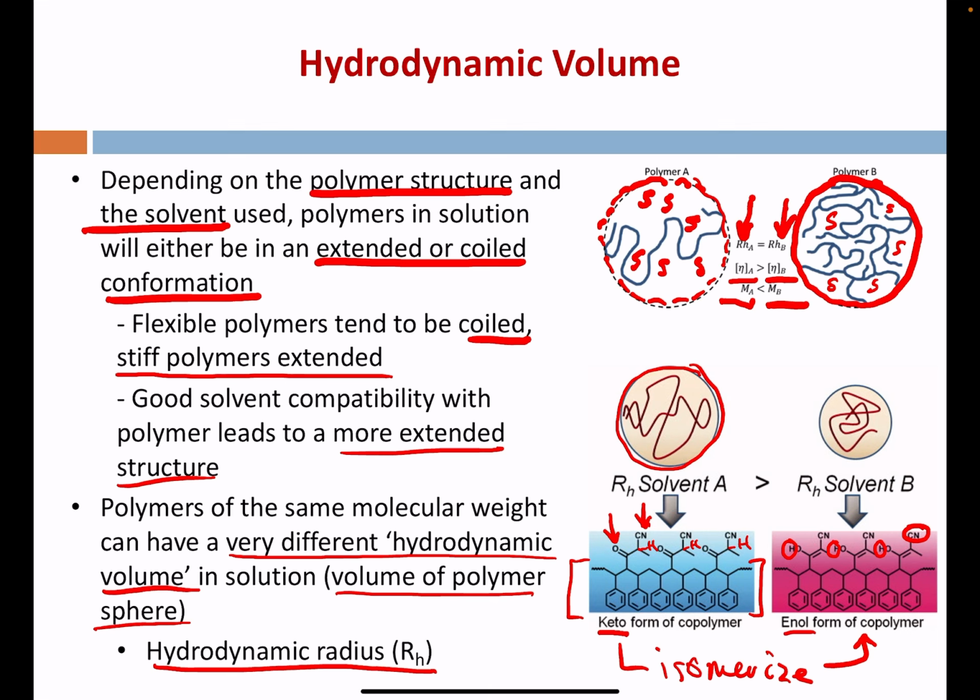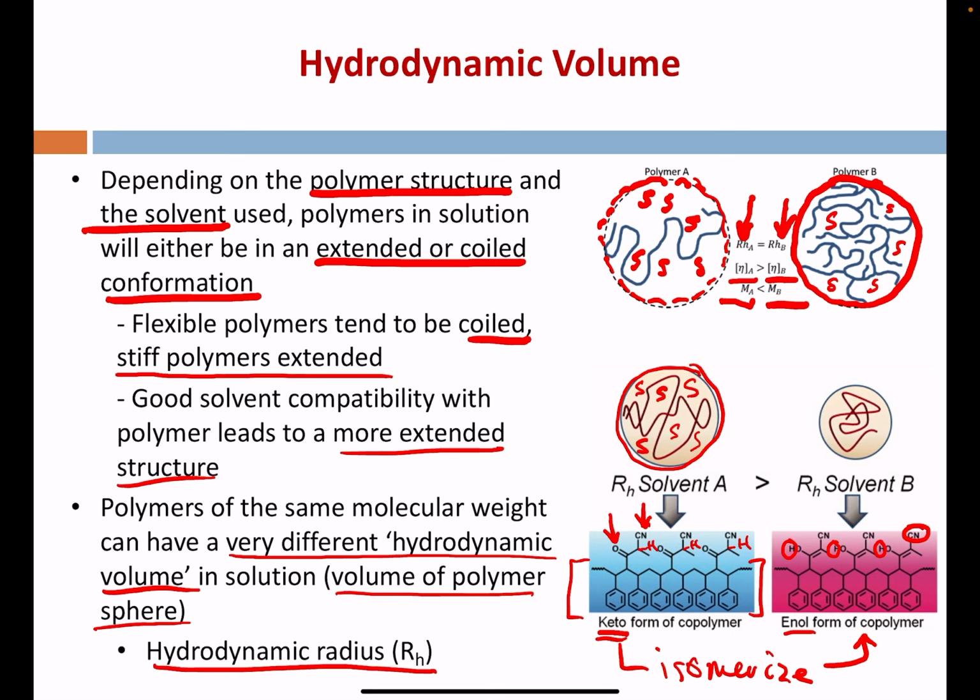the condition where we have a keto form, this is more compatible with the solvent, and the chain is allowed to extend in a random coil to a larger extent and acquire a larger hydrodynamic radius or hydrodynamic volume.